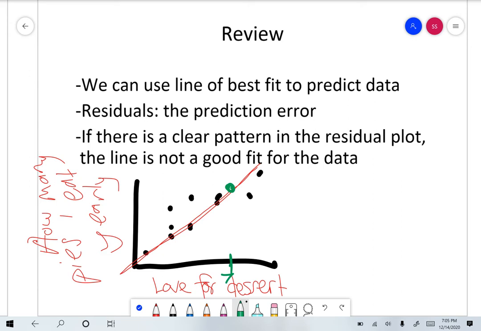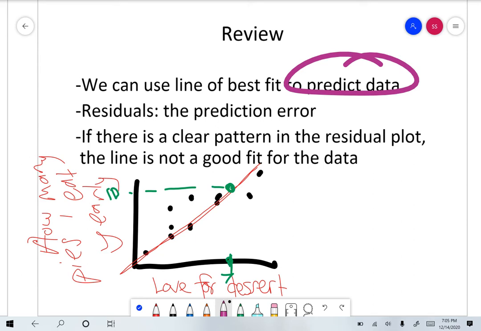That's what the line is helping us do. We can say if somebody loves dessert at a 7, they probably eat, I'm totally making this up, 10 pies a year. That's what it means that we can use it to predict data.